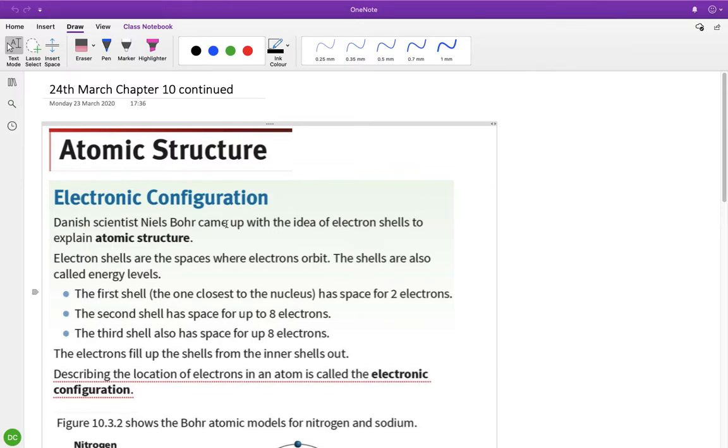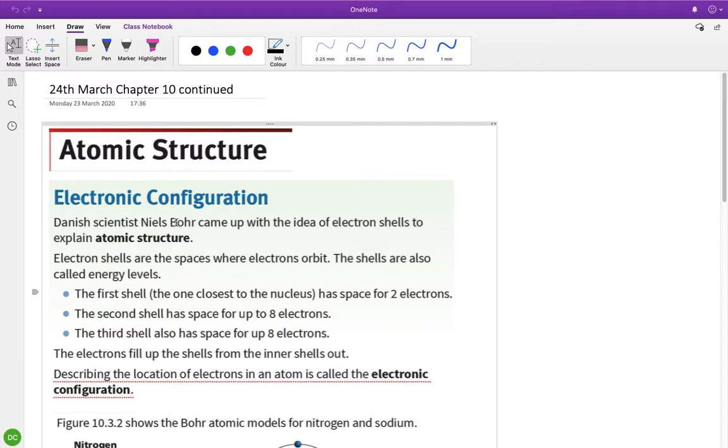Okay, so I mentioned the other day, in the last class, the different scientists who had an impact. I mentioned Niels Bohr. Rutherford before him told us a lot about the nucleus and the fact that it was positively charged. He said that the electrons were outside of the nucleus, but he didn't really talk about how they were arranged.